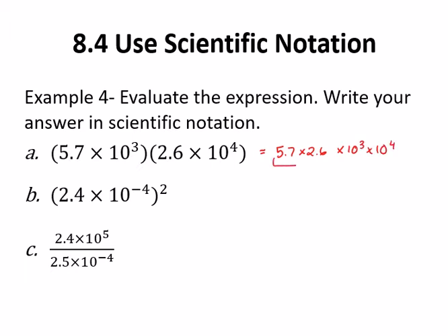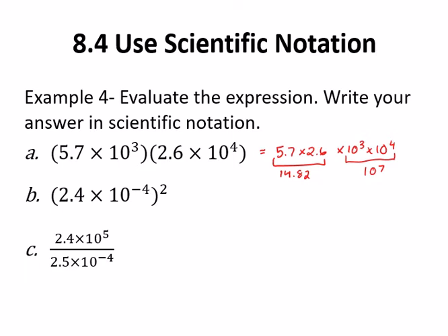And you can deal with them piece by piece. So I know that 10 to the third times 10 to the fourth is 10 to the seventh. And then 5.7 times 2.6 is 14.82. Now keep in mind that this is not in scientific notation any longer, since it is 14 and it has two decimal places.